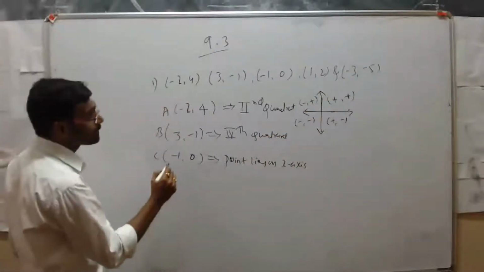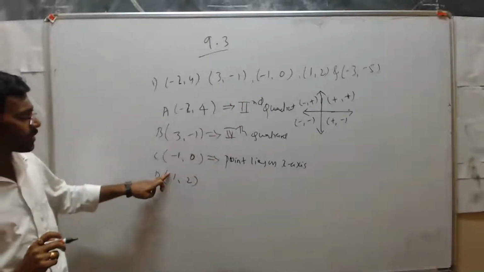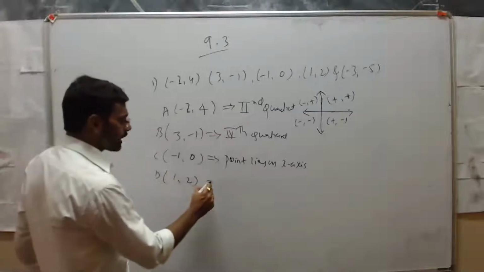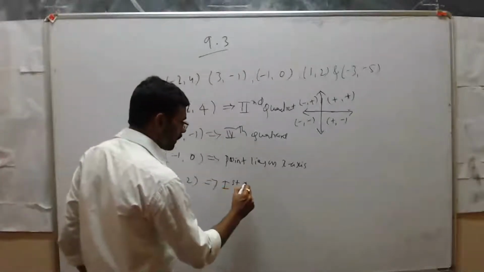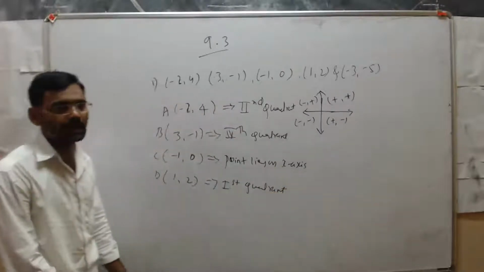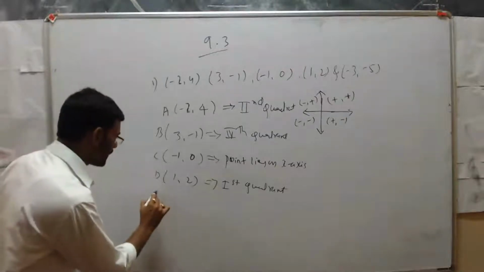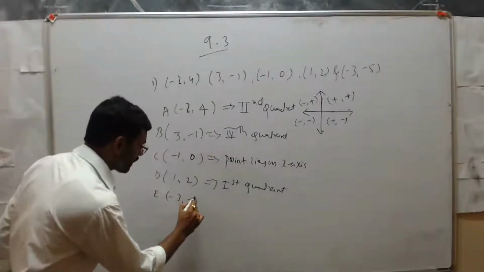Next, D (1, 2). Here both are positive, x value and y value, which means the first quadrant. Now E (-3, -5).